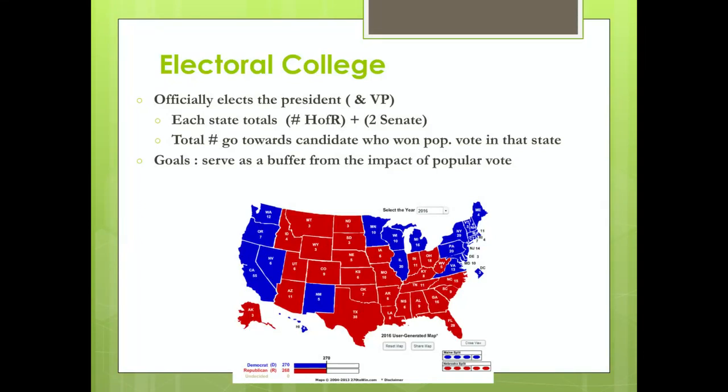The main argument for keeping the Electoral College is that none of these states in red would count if you just went by the big states and by the popular vote, because then you would have California and New York and some of the larger states really picking your president, and the states in red who have smaller numbers of electoral votes wouldn't be able to really have a voice in the presidential election. So that's mainly the reason why the Electoral College was put into place.